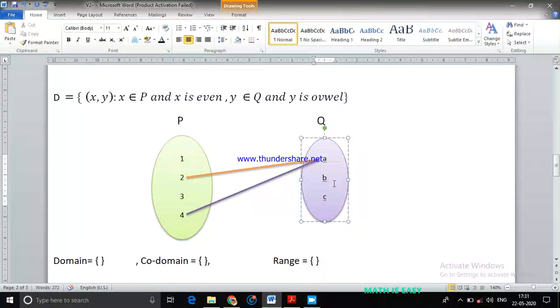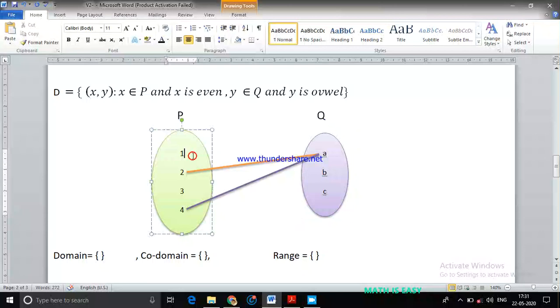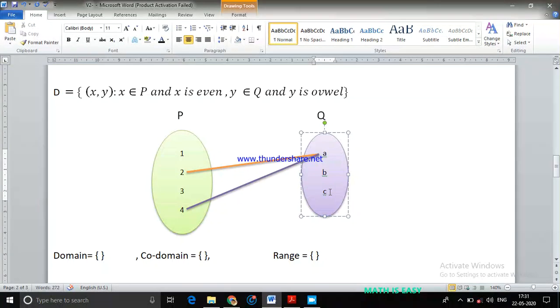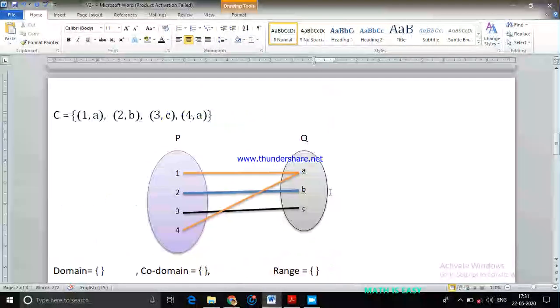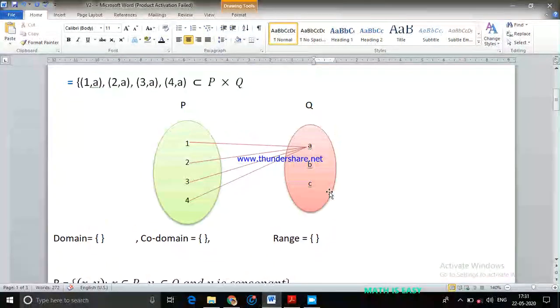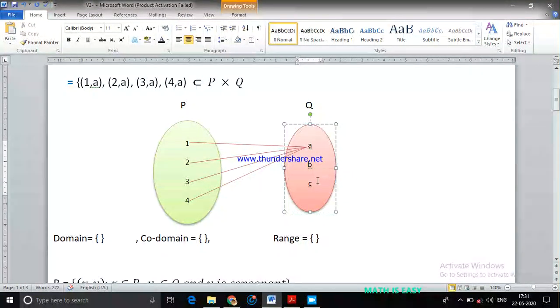So if you observe this diagrammatic representation, there are some elements in P, like 1 and 3, which have no mapping with any elements of Q, and here in set Q there is an element A which has mapping with two elements of P, and B and C have no mapping. Okay, so in all these examples, A, B, C, D, we have different types. One is where every element is mapping with only one element, and B and C have no mapping.